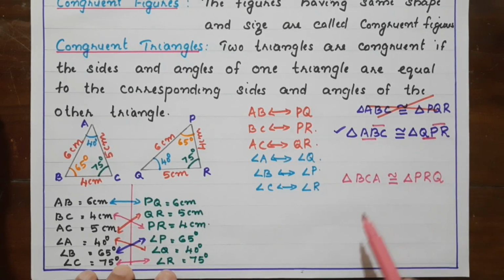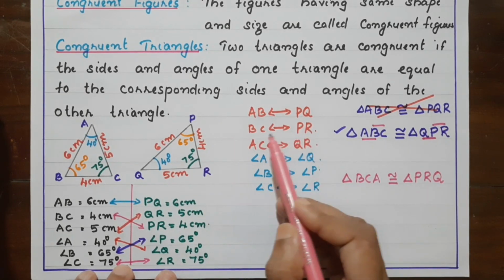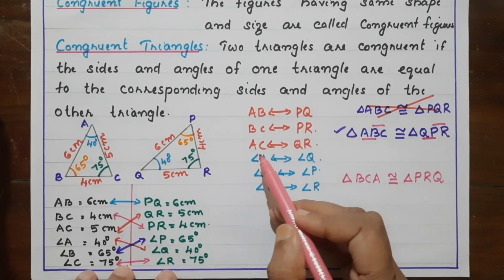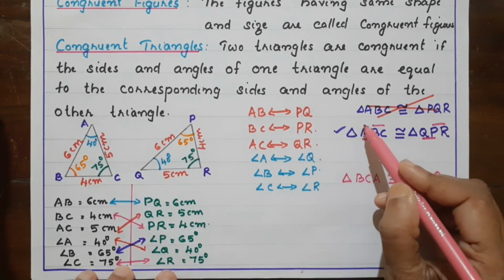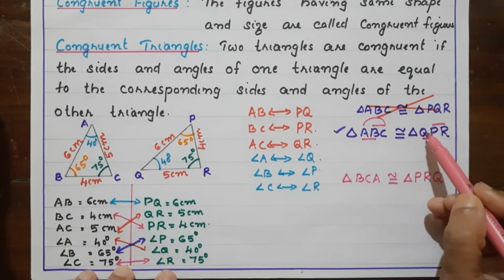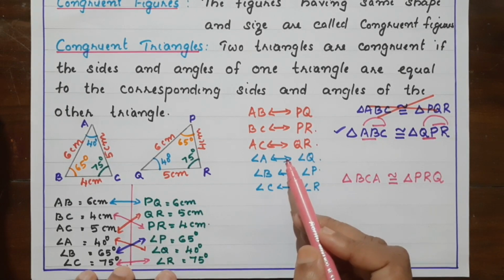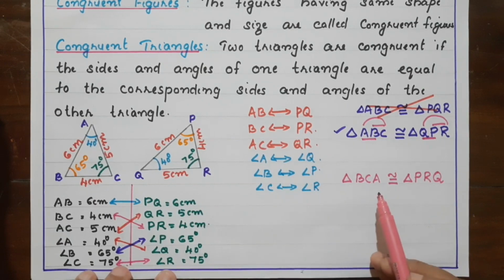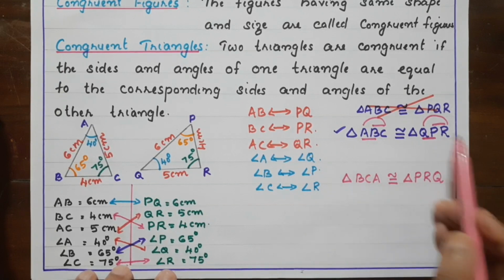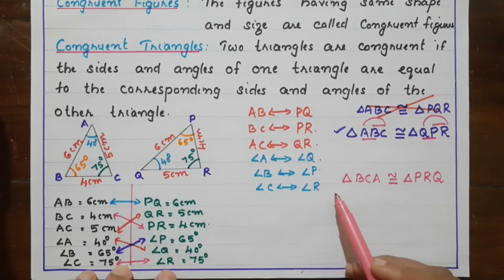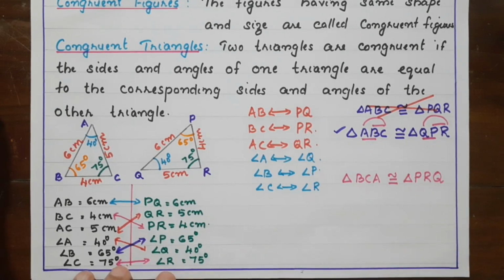PR. Isn't it? So BC corresponds to PR. Now next AC. If we are taking the first and last, here we are getting QR. That is also correct. Okay children. So this is very important. By checking the corresponding angles and sides, you have to write the congruency of triangles. Okay children.